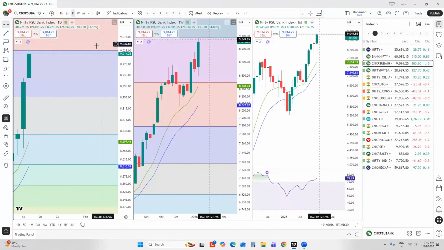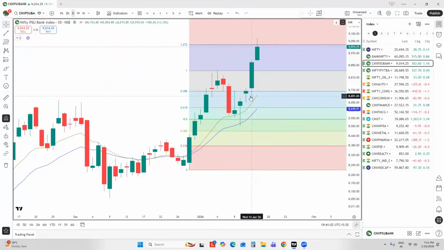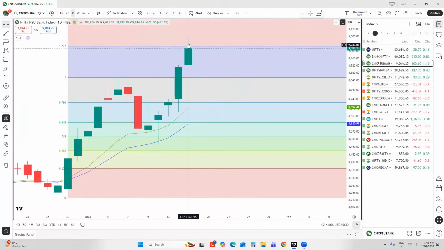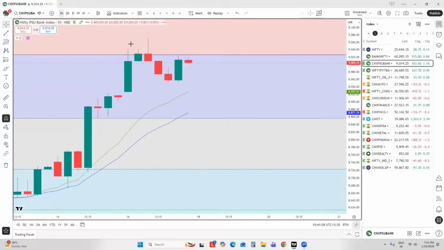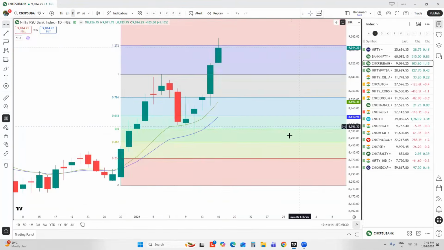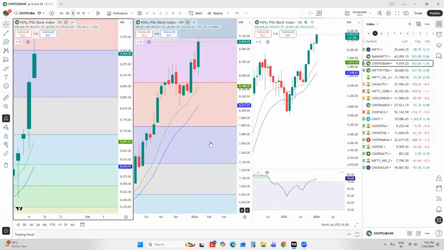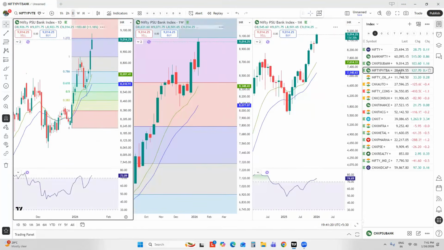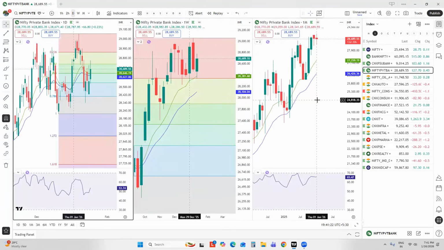So between 9080 and 9030, this 50 point range in the PSU banking space is a short term resistance, and you can see today there has been a little bit of profit booking. If you just check the hourly time frame charts, you will see a little bit of profit booking has happened. So if someone is holding PSU banking space as a short term swing trader, it makes sense to book partial profits over here.